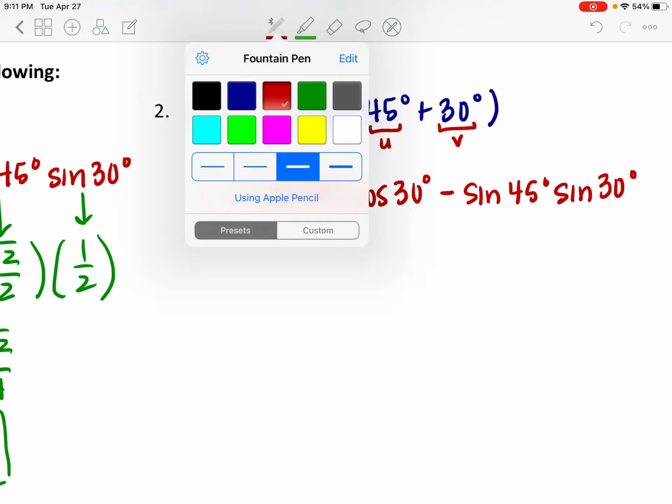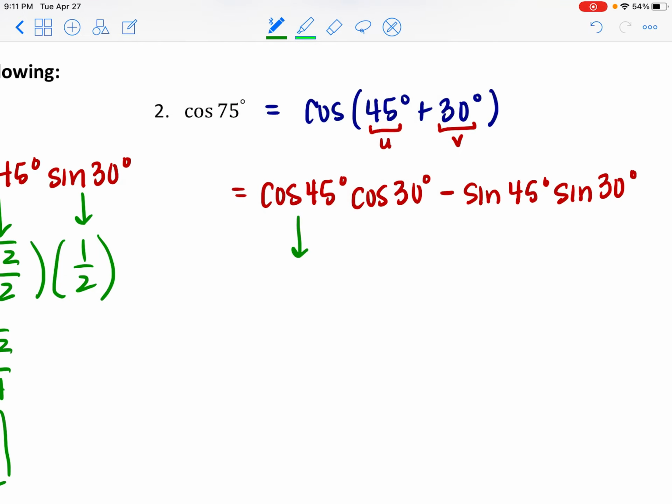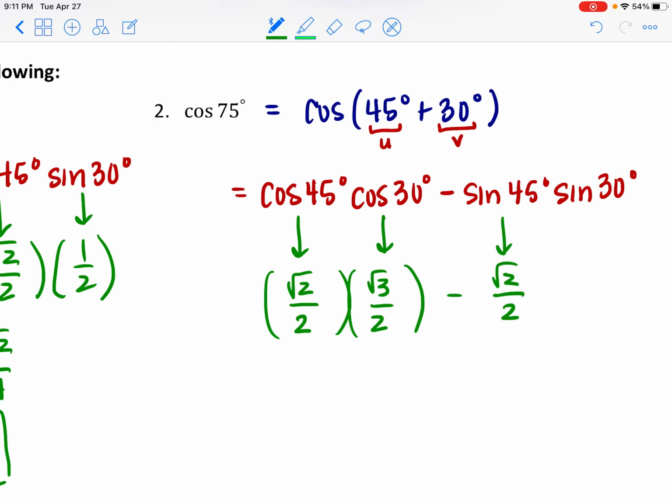And then we're going to the unit circle to find each of these values. Cosine of 45 was radical 2 over 2. Cosine of 30 is radical 3 over 2. Those are going to be multiplied. And then sine of 45, radical 2 over 2. Sine of 30 is going to be a half. Those are going to be multiplied.